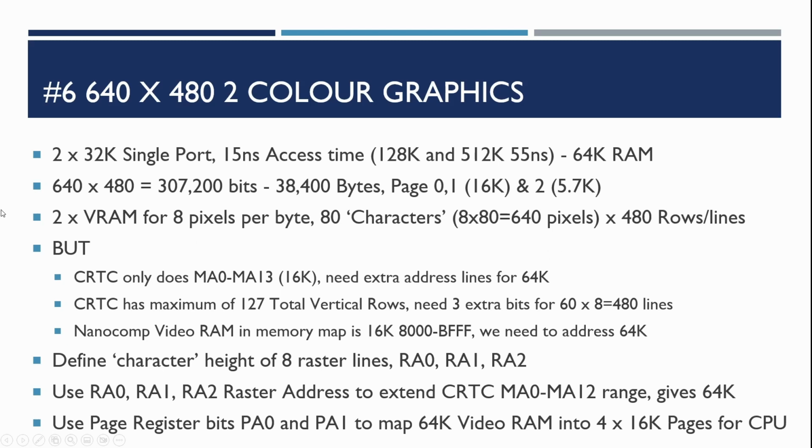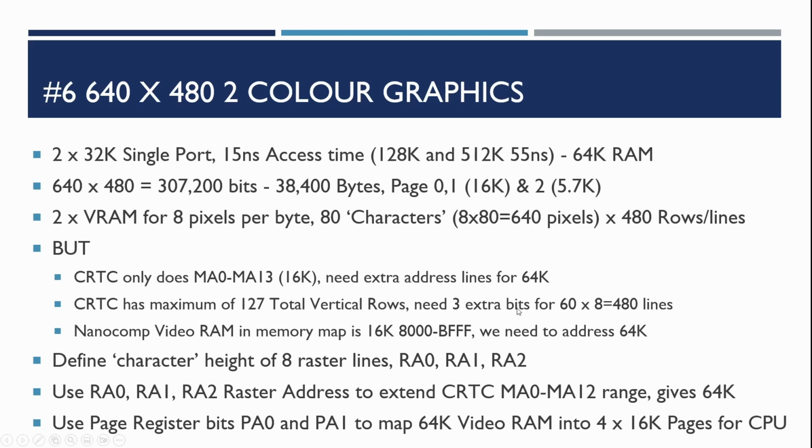However, there are some limitations. The cathode ray tube controller chip, the CRTC chip, only has memory addressing lines for 16K, and we need a 64K range to do this graphics mode. And also the CRTC has a maximum of 127 total vertical rows, and in fact we don't have quite enough to be able to do 4 raster lines per character.